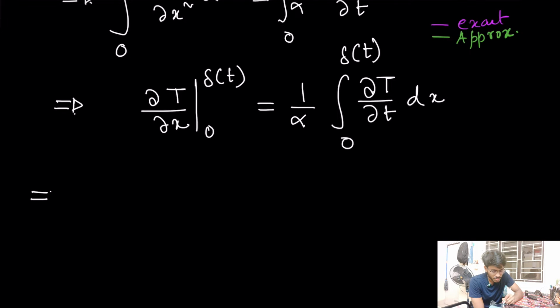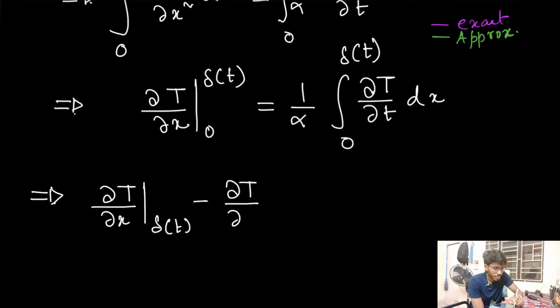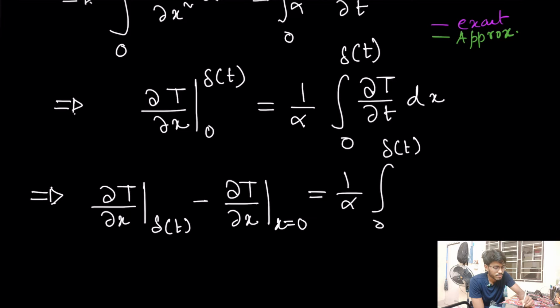So now this will be del T del x at delta t minus del T del x at x equal to 0, and this will be again this one only.